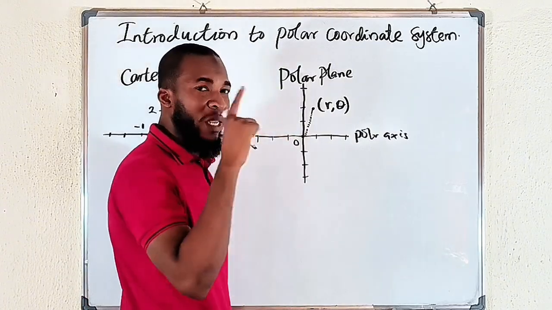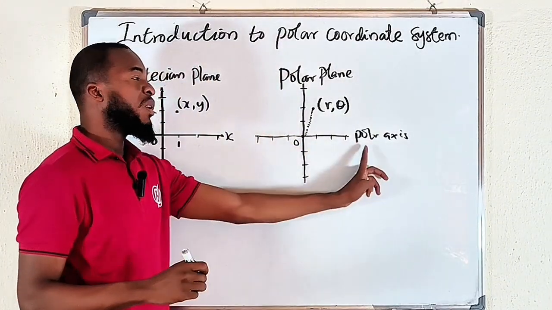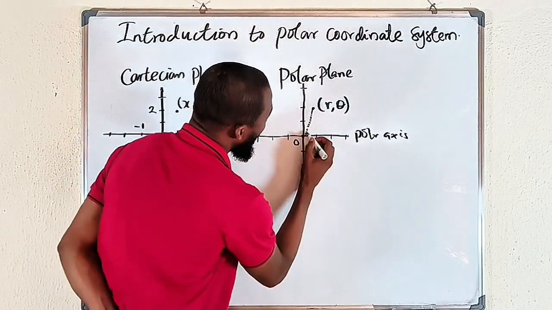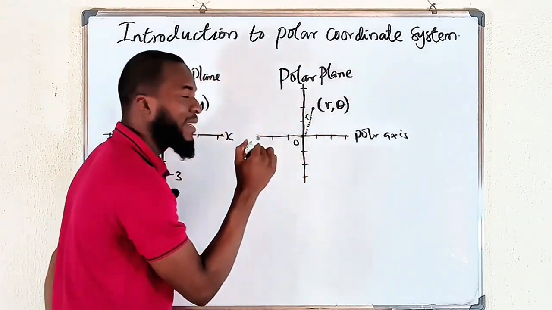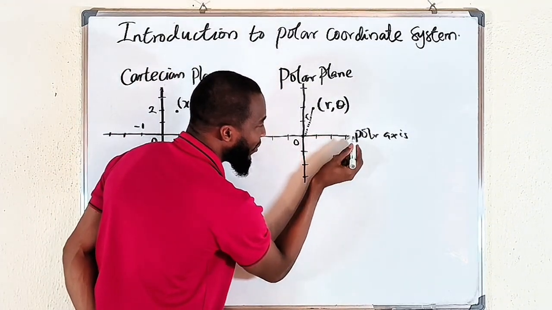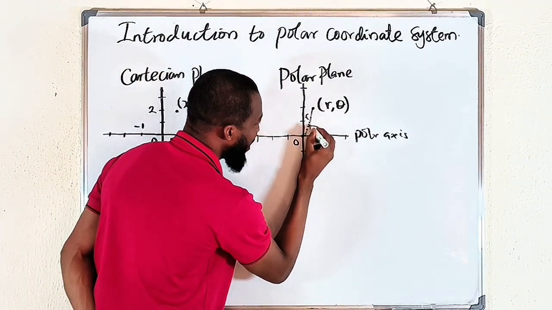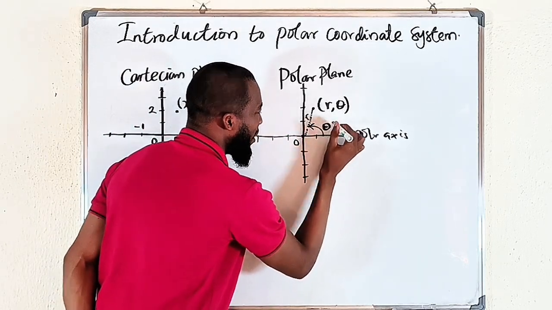The origin is called the pole, while the positive x-axis is called the polar axis. So the distance from the origin to this point is called r, and that angle subtended from the polar axis to that point is called theta.